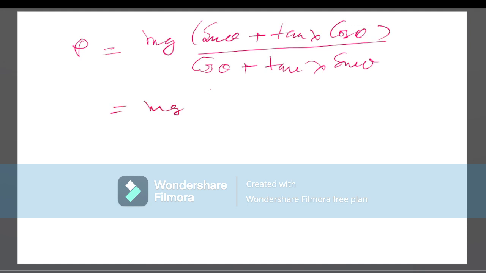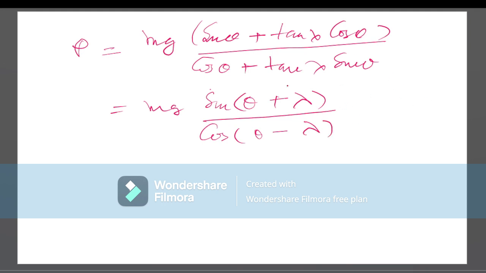So this is equal to mg. If you write tan lambda as sin lambda by cos lambda, this equation becomes the sin(a + b) formula: sin of theta plus lambda, and for the denominator, cos theta cos lambda plus sin lambda sin theta. So this will be cos of theta minus lambda. Okay, so this is a simple equation.